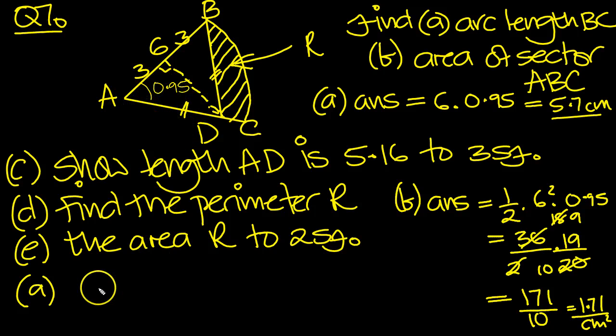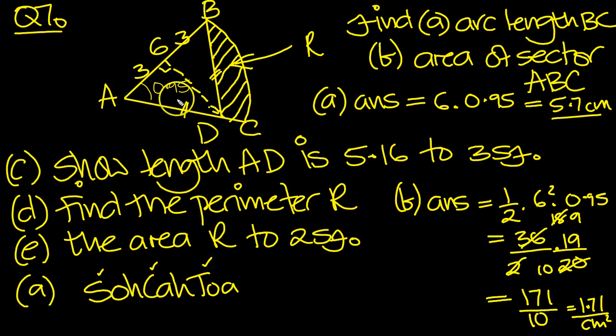So we've got SOHCAHTOA. We've got the sine, cos and tan of the angles, and then we've got the adjacent to the angle here. And what do we want? We want the hypotenuse, so we need to use cosine.